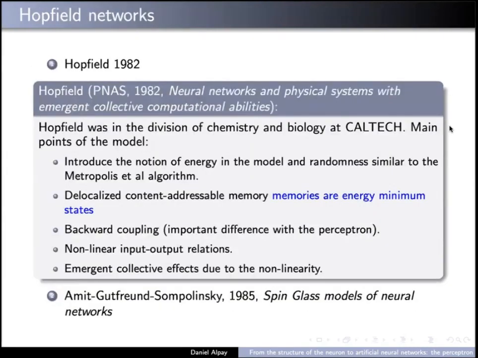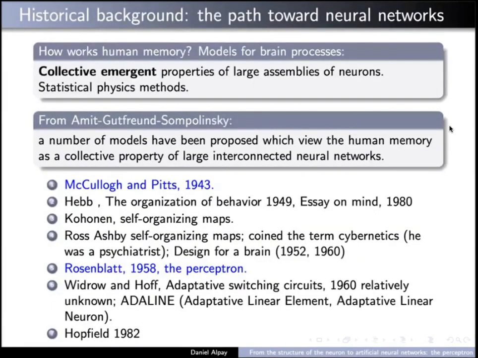And here I will really finish. There is a whole part which I've not discussed, and the point of the lecture was the perceptron, but there is a whole part which is very interesting about the collective emergent properties when you have large networks, and this really brings us to Hopfield networks.